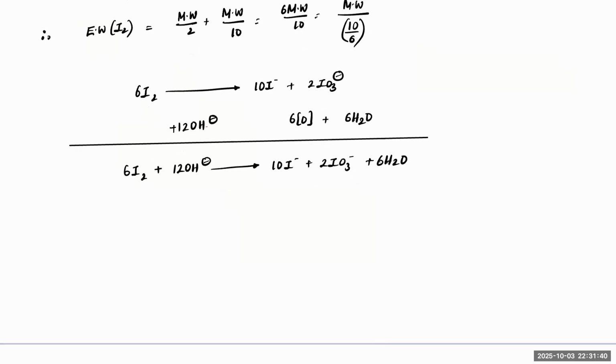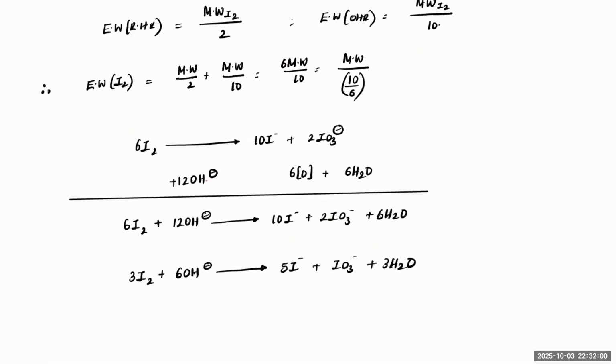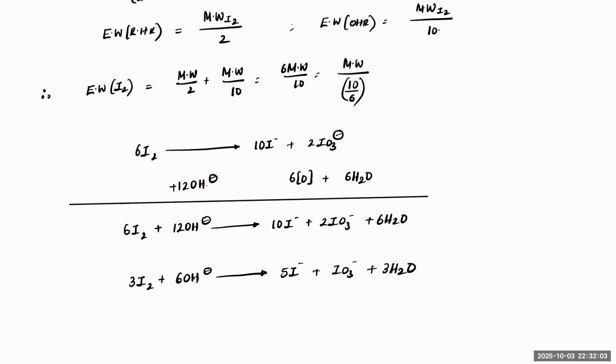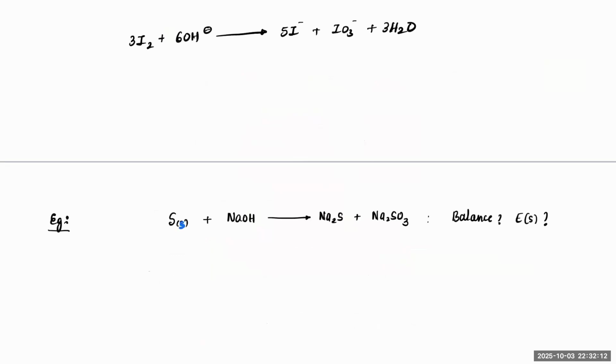What do I get? 3I2 plus 6OH minus is giving 5I minus plus IO3 minus plus 3H2O. So this is what you need to finally get. Clear? Try the same way for the next one.